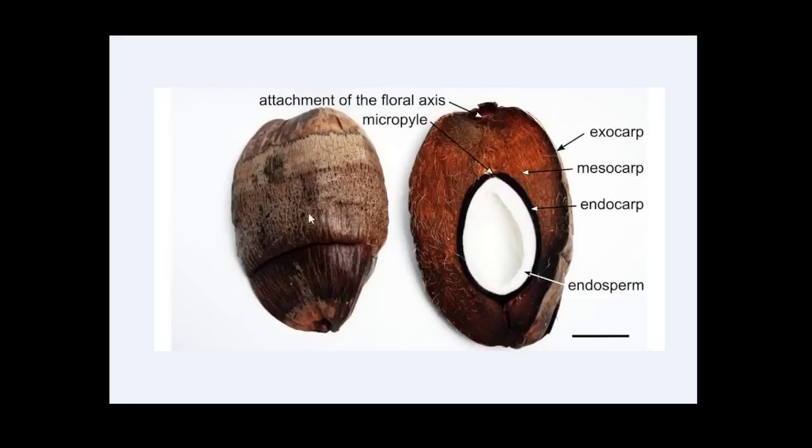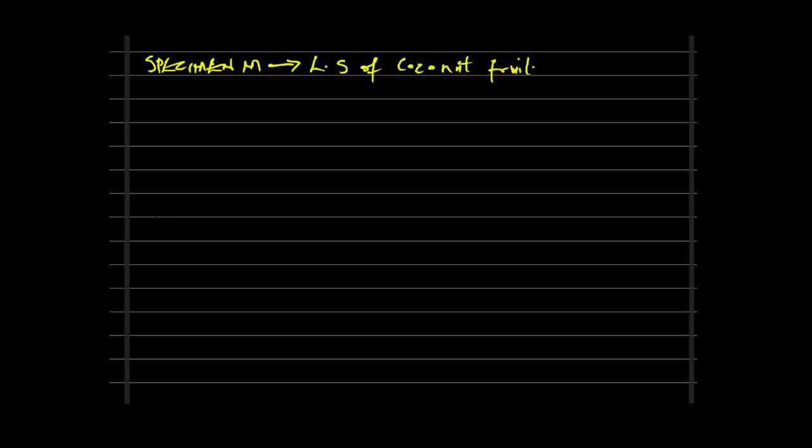This is how the longitudinal section looks when it is cut from top to bottom. So we have this as its labeling. We have the exocarp, the mesocarp, and the endocarp. Are we together? So we said that it is a water dispersed fruit. Specimen M is a water dispersed fruit.